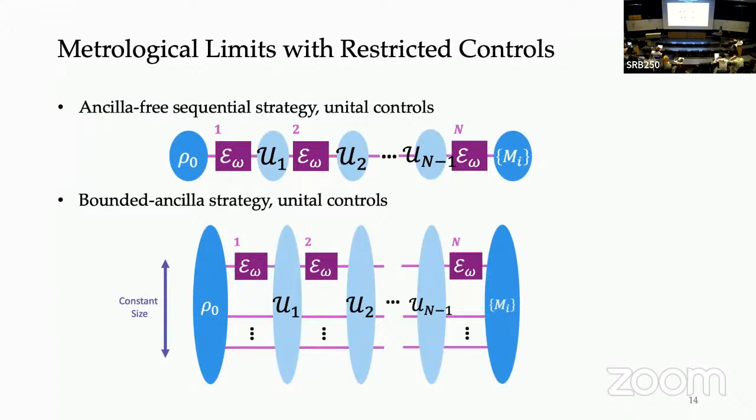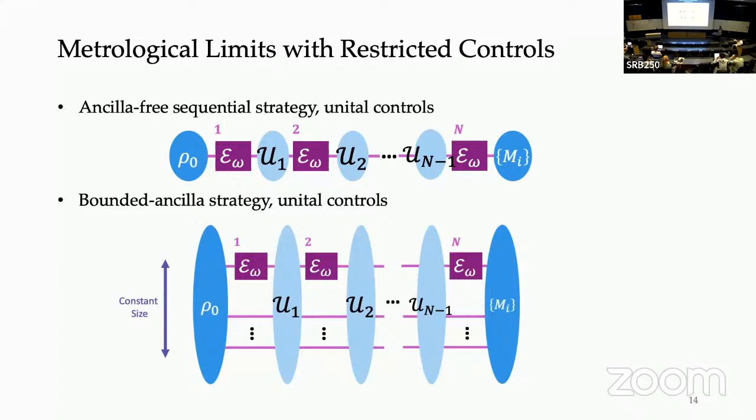Thank you for a very interesting talk. This may be a very abstract question, but I thought that the situation in the ancilla-free sequential strategy is quite similar to quantum error mitigation. Is there any connection between your result and error mitigation?